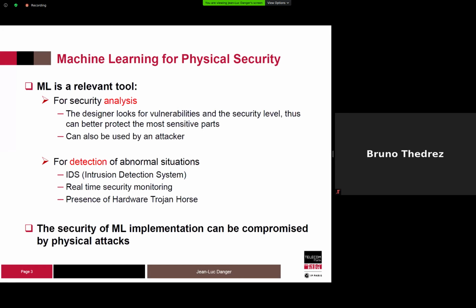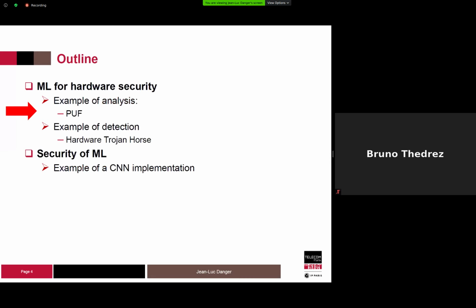So now I will present the impact of machine learning in two parts. First is how to take advantage of machine learning algorithms to enhance the security level. Second is about the security of machine learning: how the machine learning implementation can be attacked and also protected, because the final goal, as I said, is to propose protections to have a robust system.